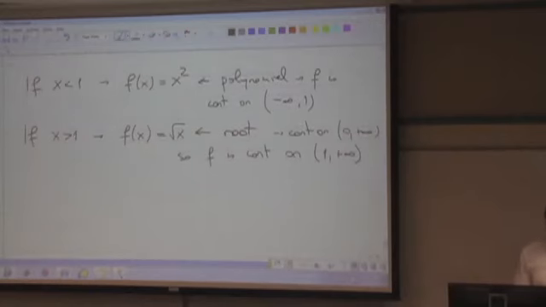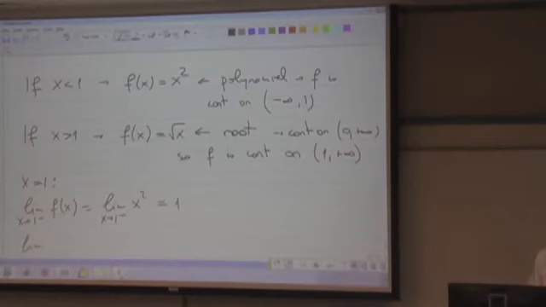So now we have to deal with x equals 1. The limit as x goes to 1 minus of f of x is the limit as x goes to 1 minus of x squared, which is equal to 1.